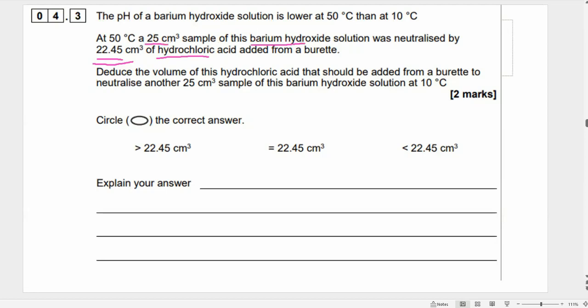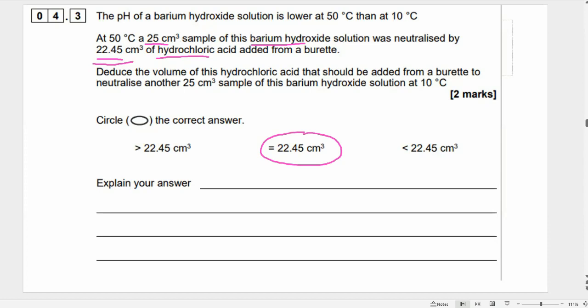This question then goes on to say, deduce, which means work out, the volume of hydrochloric acid that should be added from a burette to neutralize another 25 centimeter sample of barium hydroxide, this time at 10 degrees. What would the amount be that's needed? Well, it's still going to be 22.45. And the reason being is that you're still using 25 centimeter cubed of the same barium hydroxide solution.